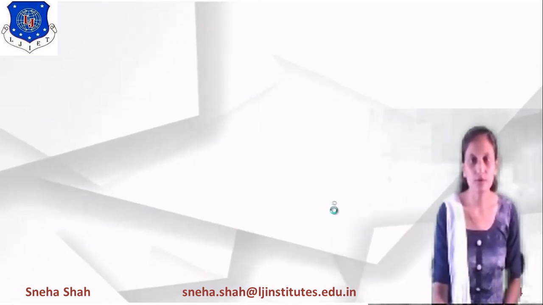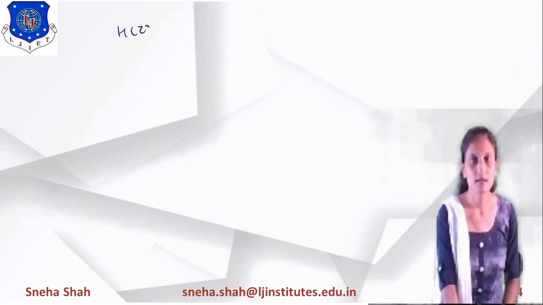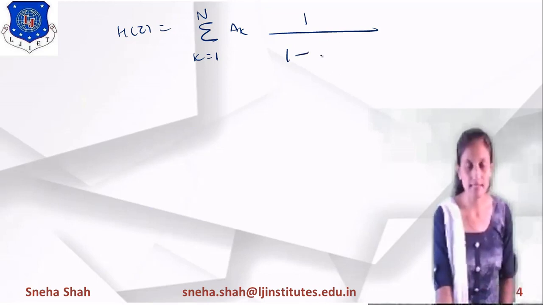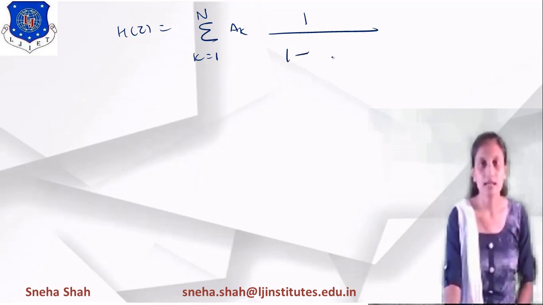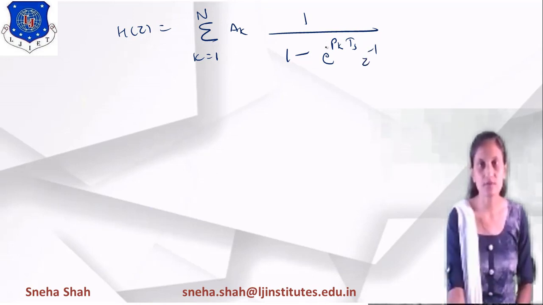So the value of H of z will equal summation k equals 1 to n ak, and the value of the next summation is 1 upon 1 minus a. What is the value of a? The value of a equals e raised to pk ds, n goes outside of this term, so e raised to pk ds into z raised to minus 1, right? So this is the value of a, so 1 upon 1 minus a.